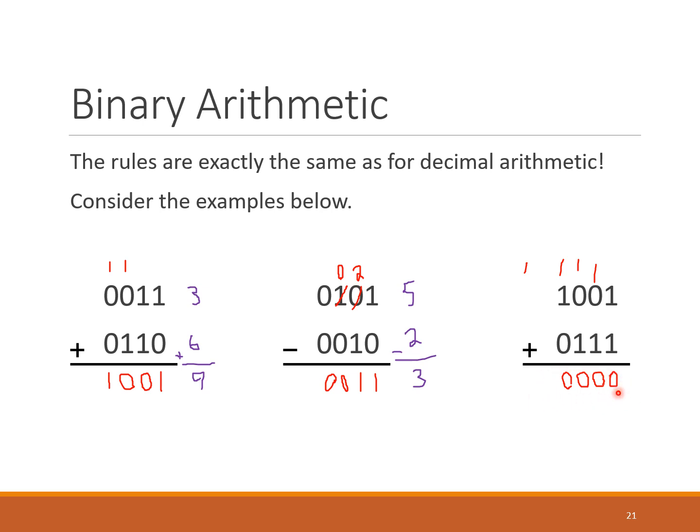So let's go ahead and convert this to our decimal equivalent as a check. Let me go back to our pen and change to a different color. Our 1001 is going to be a decimal 9. Our 0111 is going to be a decimal 7. And if we only had 4 bits to represent our answer, then 0000 is 0. So 9 plus 7 shouldn't be 0, so something has gone on there.